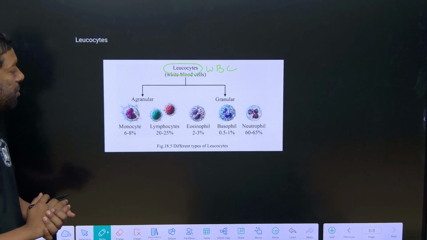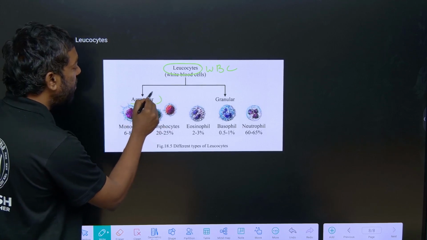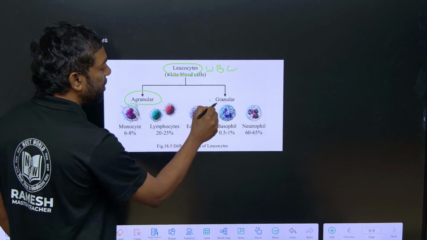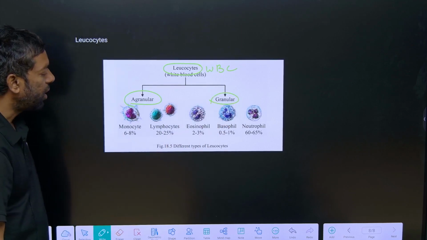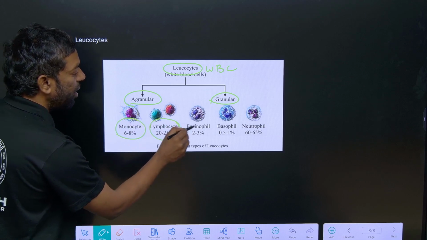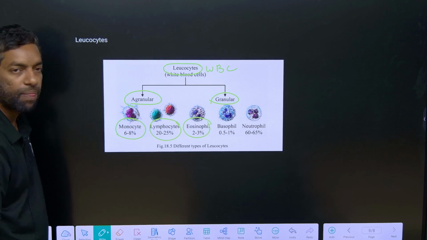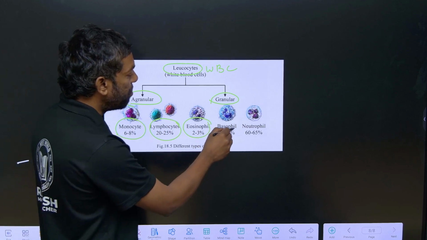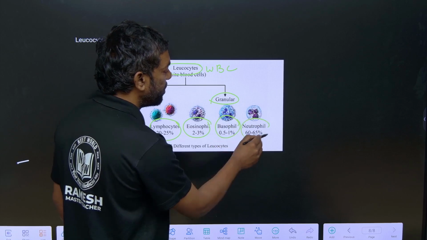WBCs are mainly two types: agranulocytes and granulocytes. Agranulocytes are the monocytes, lymphocytes and eosinophils. Granulocytes are the basophils and neutrophils.